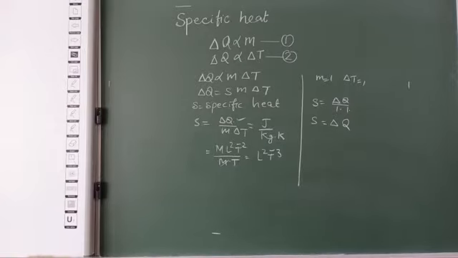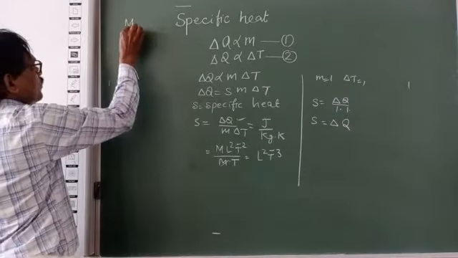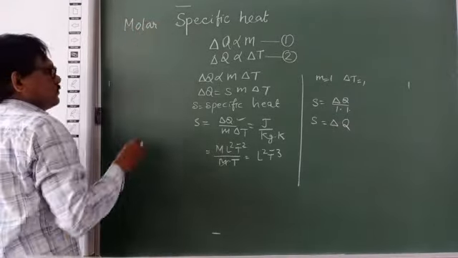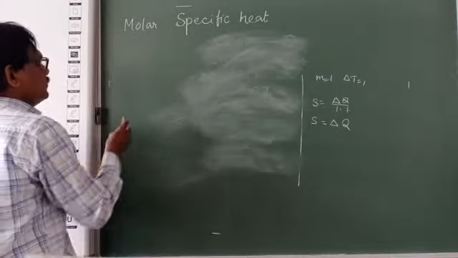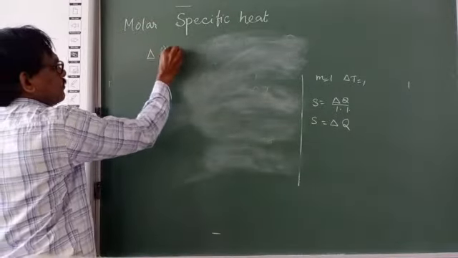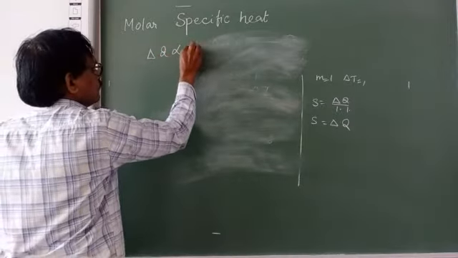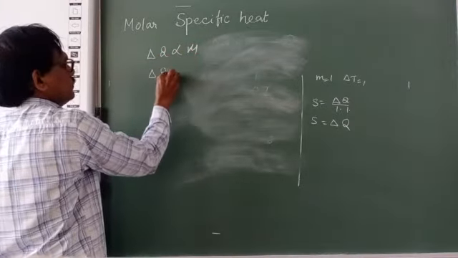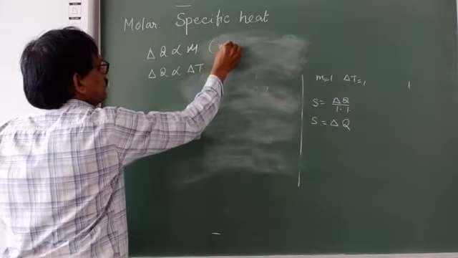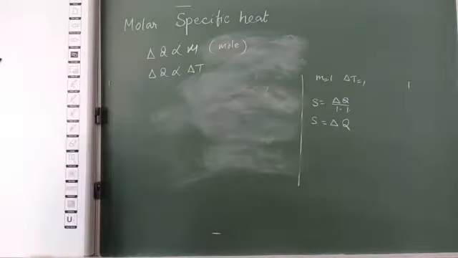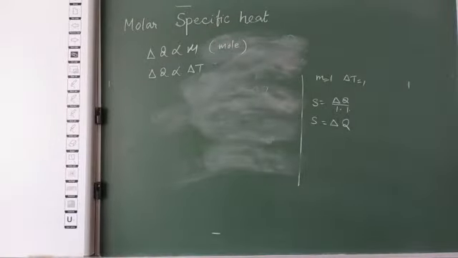Similarly, we can define here the molar specific heat. What do we mean by molar specific heat? Molar specific heat is the amount of heat required to raise the temperature of mu mole.